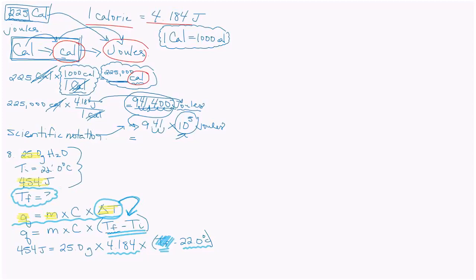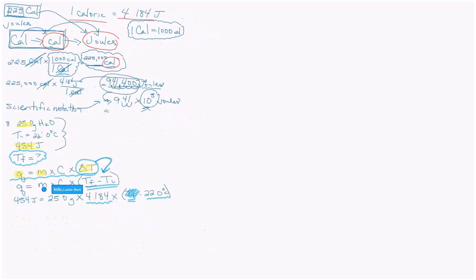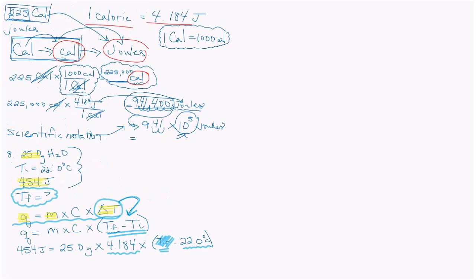So you need to know how to use this formula, but you also need to be able to use this formula here, which is expanding out this change in temperature. I would say that this is one of the more complex problems, because you do have to expand out the change in temperature and then do a lot of rearranging to get the final temperature.